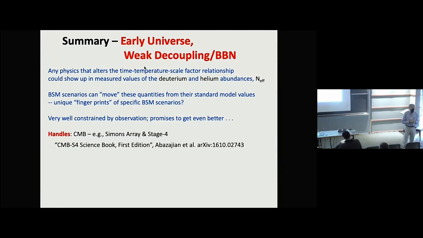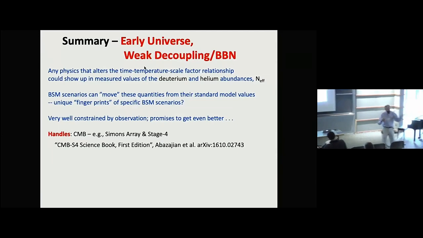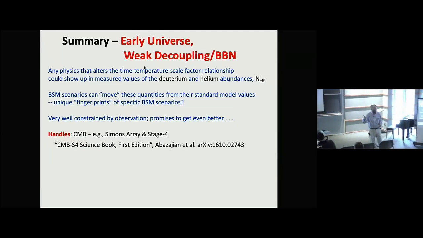Unlike compact binary inspiral mergers, where we know exactly what the signal will look like and they have a template of different signatures that they can search for, for core collapse supernova we really don't know what we're looking for.